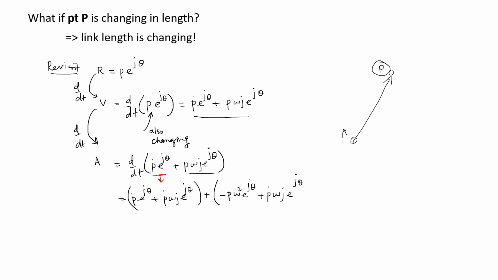That's going to be one term, and the last term is going to be plus p alpha j e raised to power j theta. And that's because you have this term manifested like this whole term.